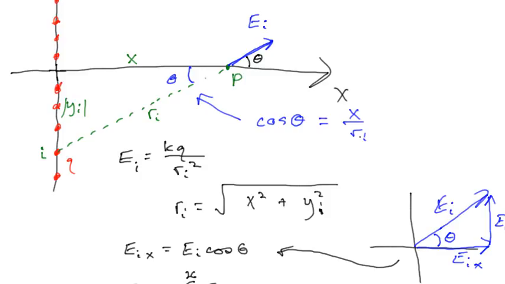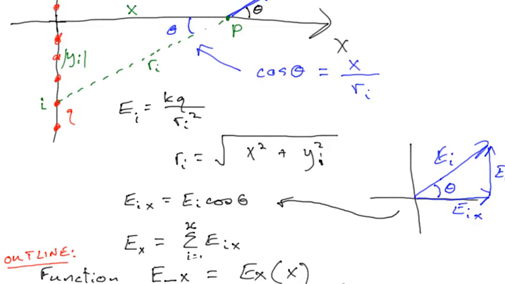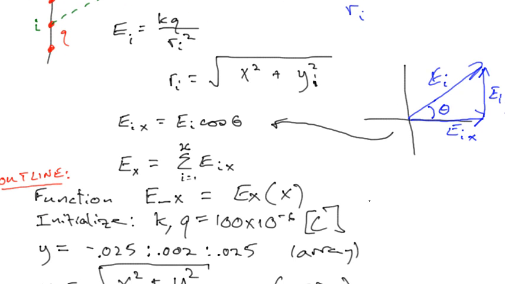So with that, cosine of theta is x over R sub i.